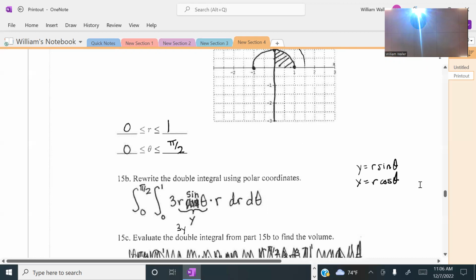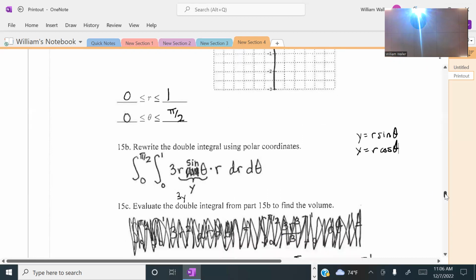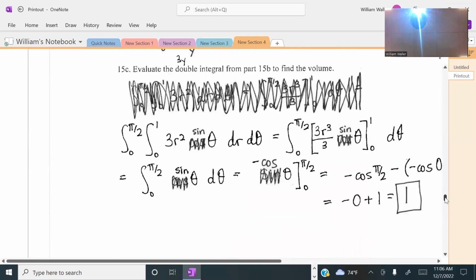I'm not going to go through the steps of the evaluation. You can follow that, it's just calculus. It works out very nicely if I did this correctly, eventually to a 1. Make sure you know how to find the antiderivative of sine.